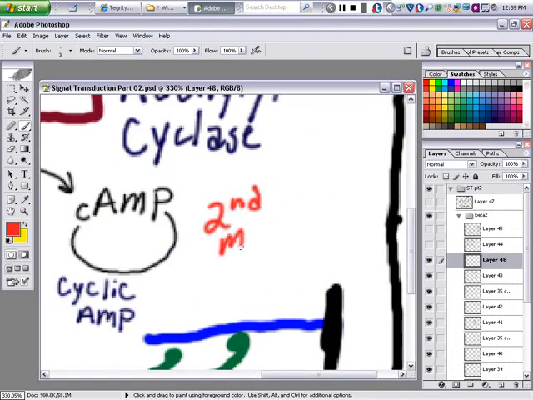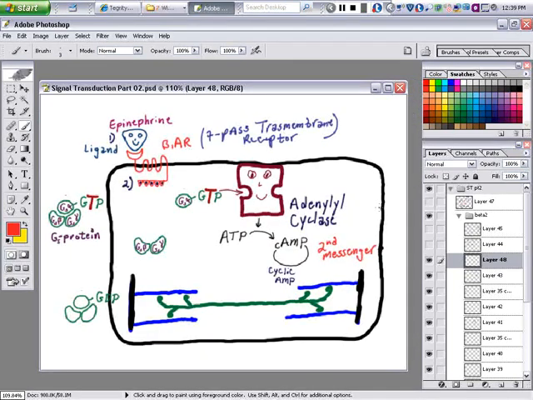That's going to be an important concept that you understand, the second messenger. Okay? And so that's where we are. We've gone from epinephrine to our second messenger, cyclic AMP. We still don't have contraction, so we have to go farther. What happens next?